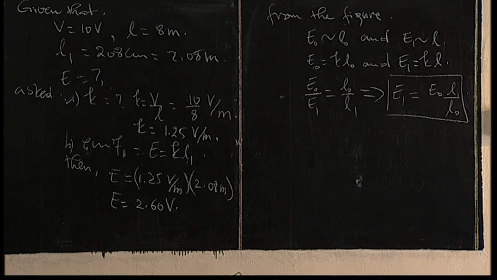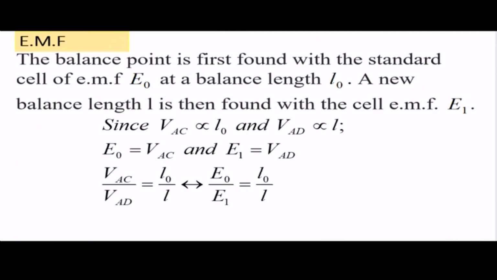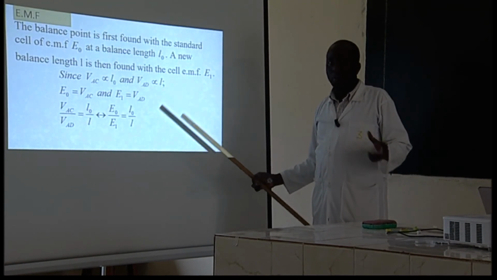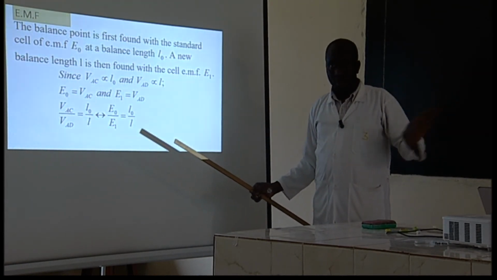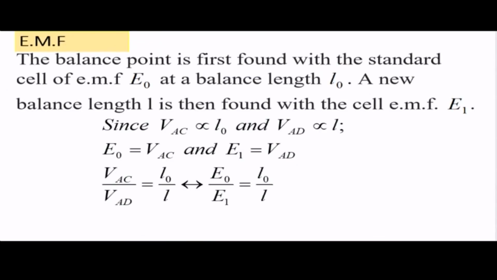So this is what I came now to explain there, into that equation, okay? So we have the equation there. So it is the same as what we have determined, right? So I'm trying now to help you to understand this comparison of the electromotive forces, if you have followed.